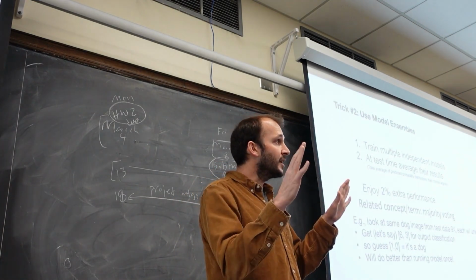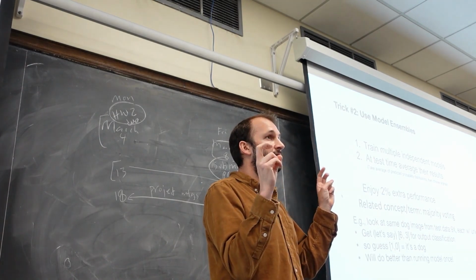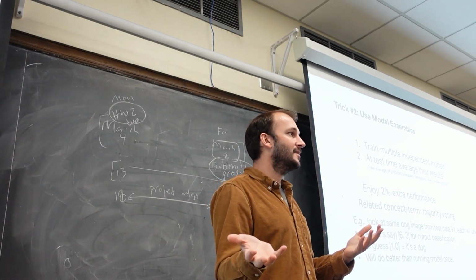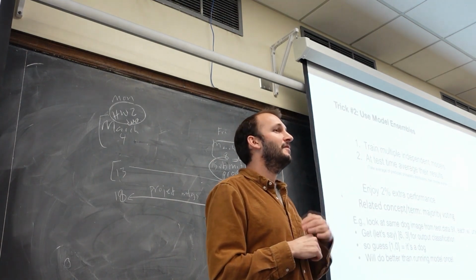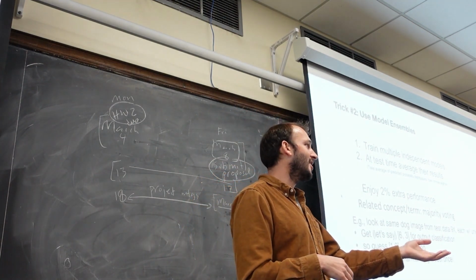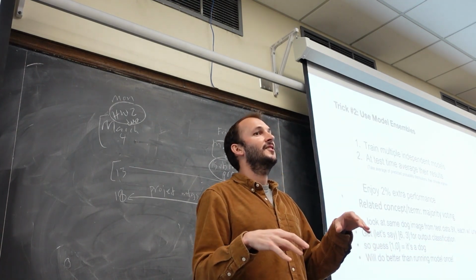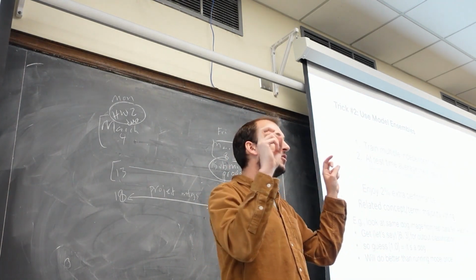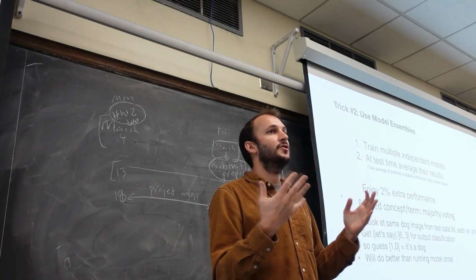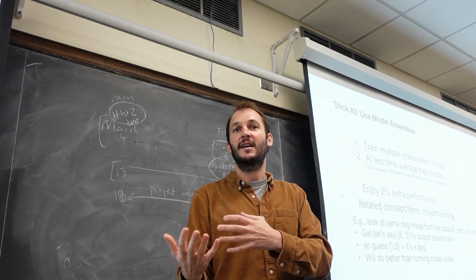You take the mode of the output, or what's called a majority vote. If 60 say it's a dog and 40 say it's a cat, then it's a dog. If 51 say a dog and 49 say a cat, you're still going to guess dog, right? You're essentially using 100 models to vote on their best choice as opposed to just having one network tell you its vote.